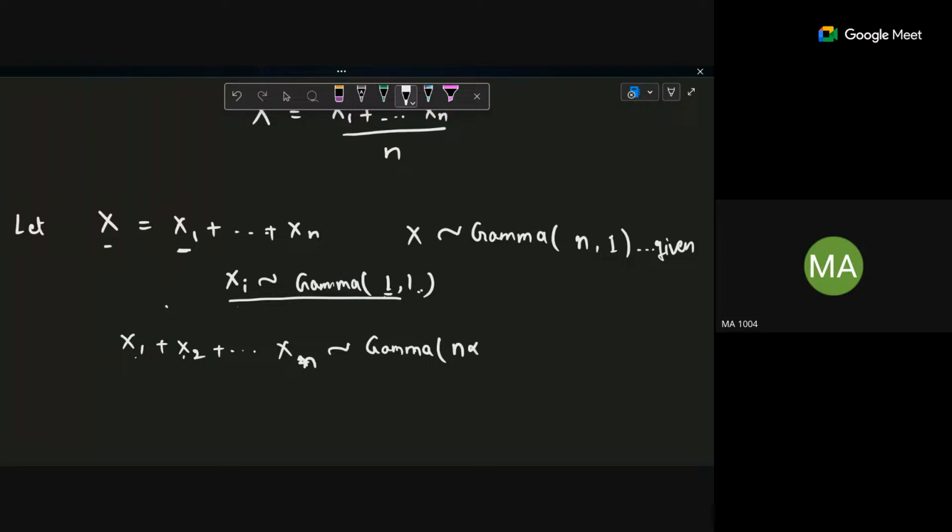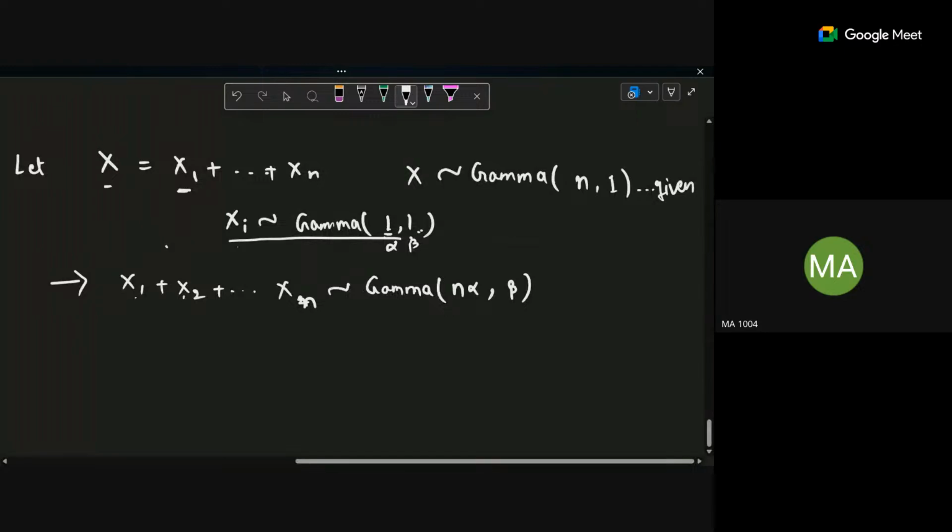So n alpha, and what will happen to beta? It will simply remain as beta. This beta will not change. That's the kind of result that we have discussed in the lecture also.